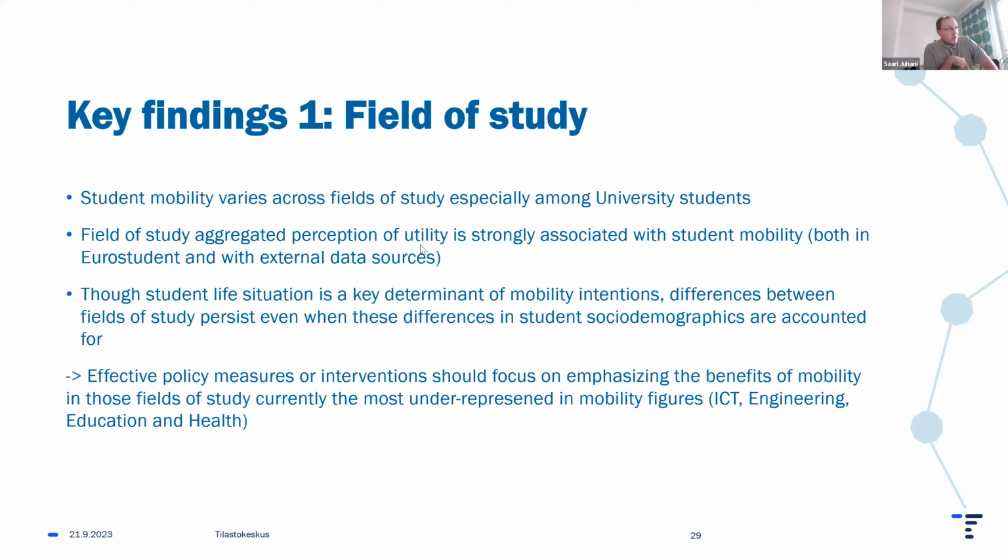So I would argue, based on these results, that any effective policy measures or interventions that want to increase student mobility might want to emphasize the benefits of mobility to students, especially in those fields of study that are currently the most underrepresented in mobility: ICT, engineering, education, and health here in Finland.